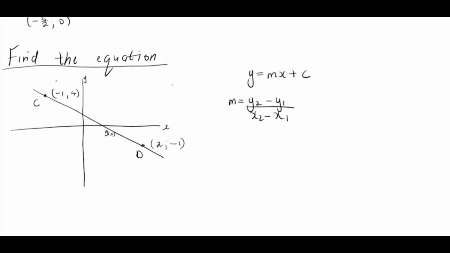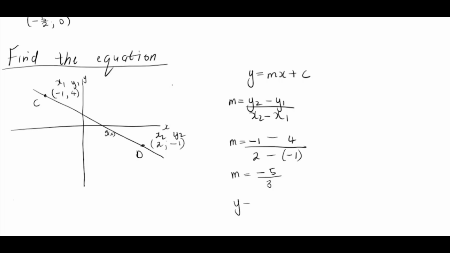Let's make C x1 and y1, and D x2 and y2, and substitute our points. Starting with y2 and x2, y2 is minus 1, x2 is 2, minus y1 is 4, x1 is minus 1. When you type that into the calculator, it's going to give you negative 5 over 3. That means our gradient is negative 5 over 3.